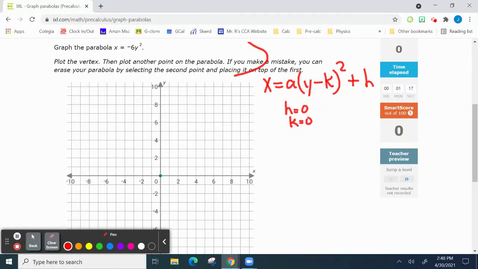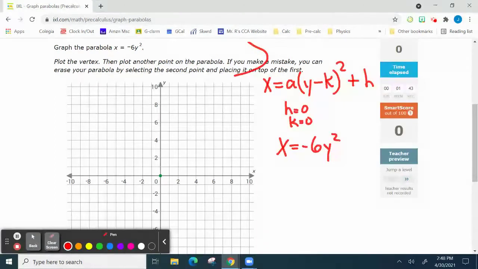Now we've got to figure out another point. So what do we do? Well, we know the vertex, so we put those numbers in, and then we just stick in a y and find an x. So the equation here is x equals negative 6 y squared.